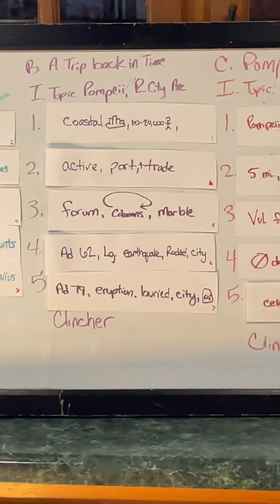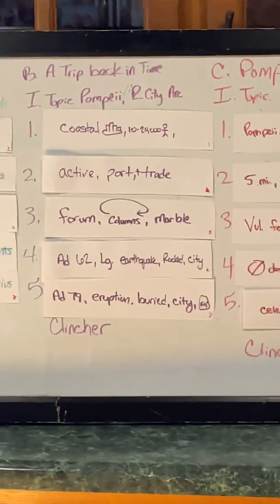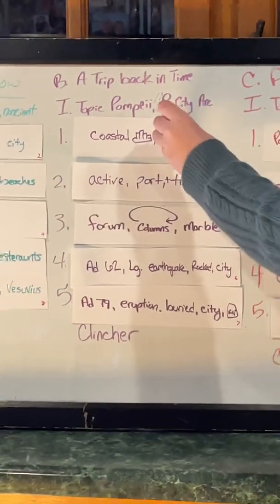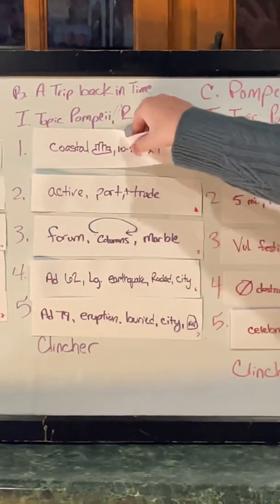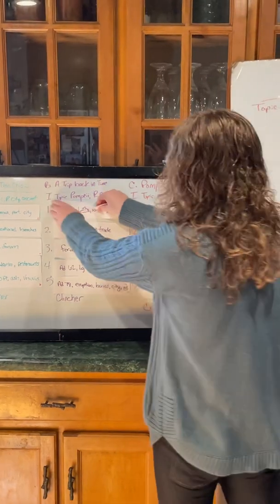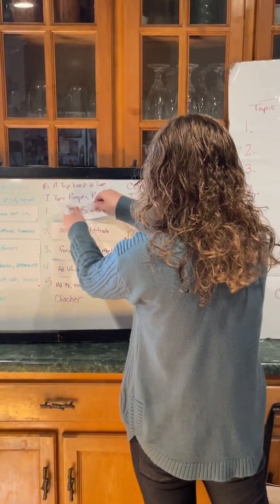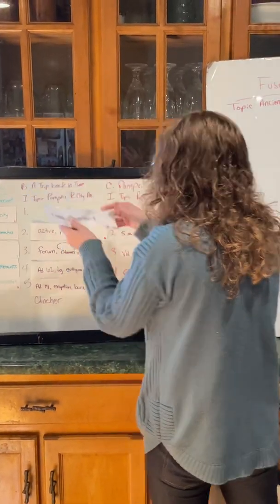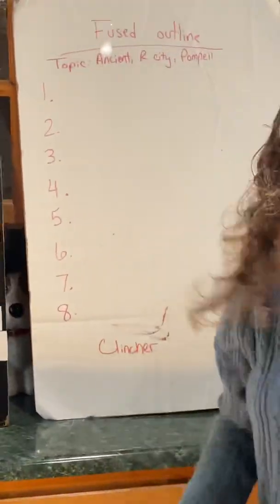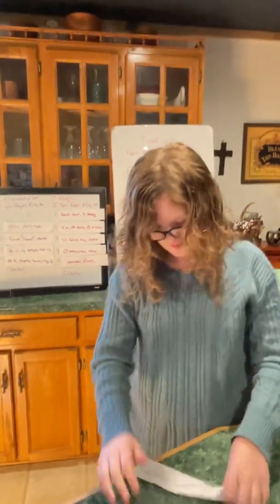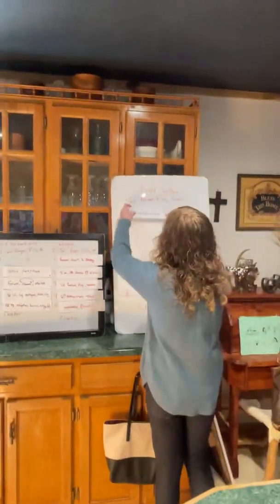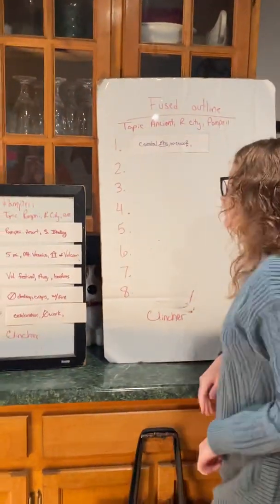All right, Josie, pick the first one. Or we're going to do coastal, so she's going to take that one. This is a bad choice. And we're going to put it on our fused outline. And that's going to go in our number 1 spot.